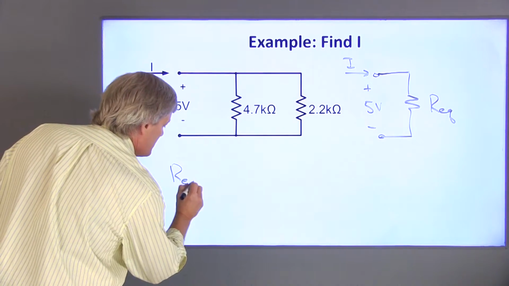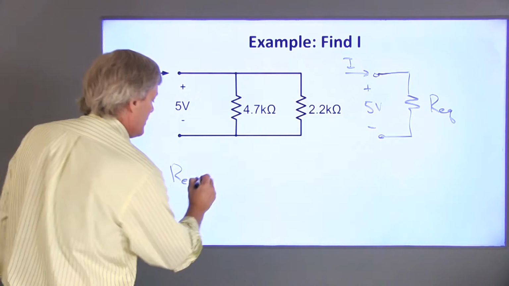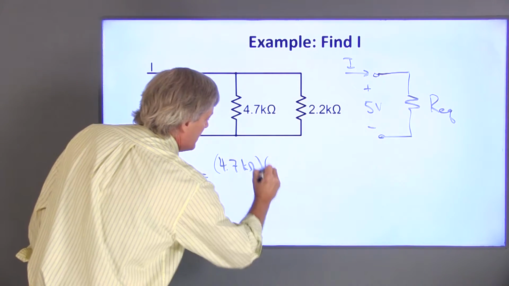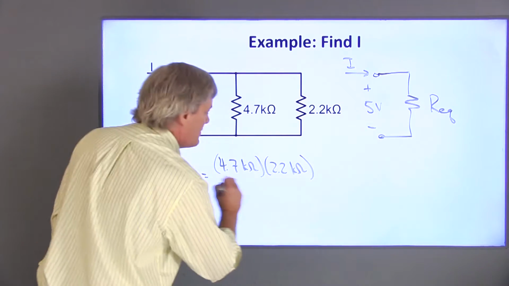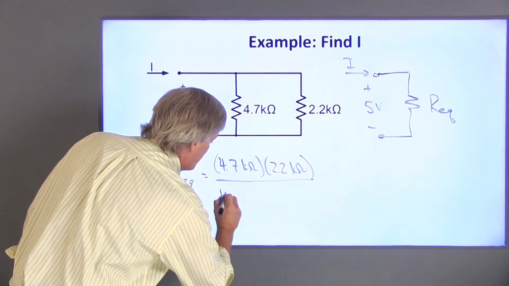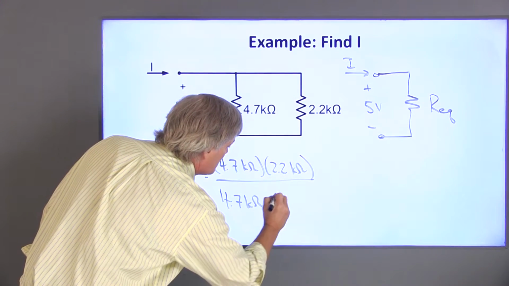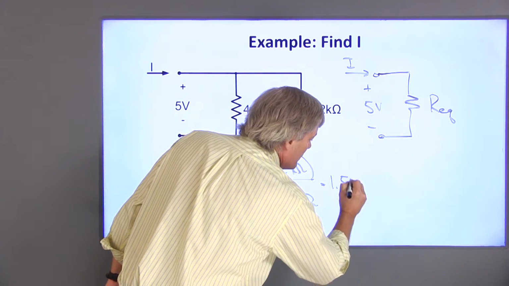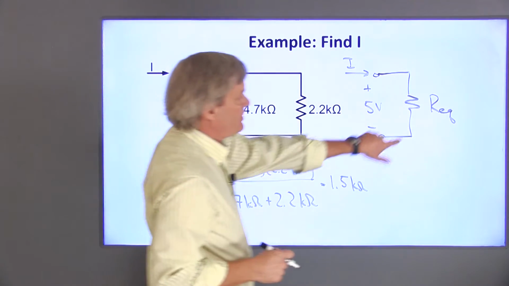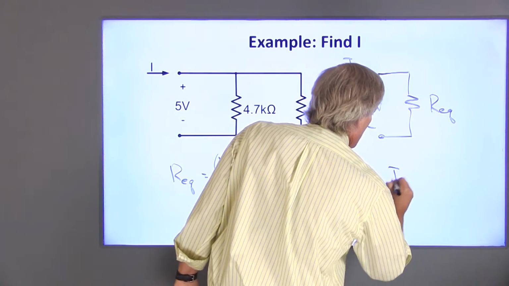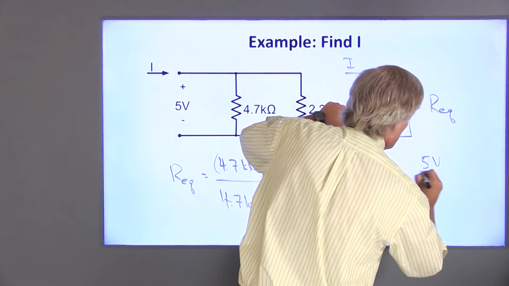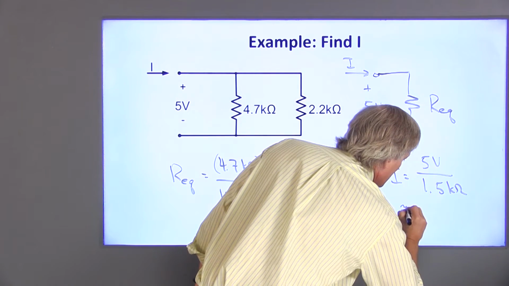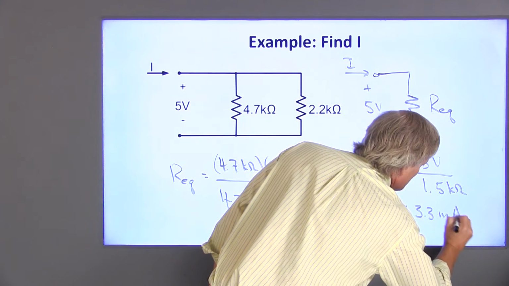Req is, according to our parallel resistance formula, the product of the two resistances, so 4.7 kilo ohms times 2.2 kilo ohms, divided by the sum of the two resistances, 4.7 kilo ohms plus 2.2 kilo ohms. This turns out to be about 1.5 kilo ohms. So if Req is 1.5 kilo ohms, I is equal to 5 volts over Req, which turns out to be about 3.3 milliamps.